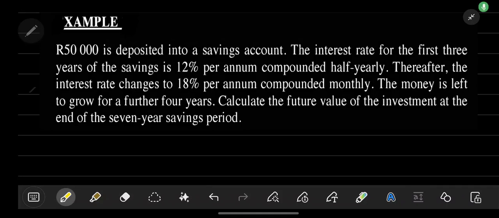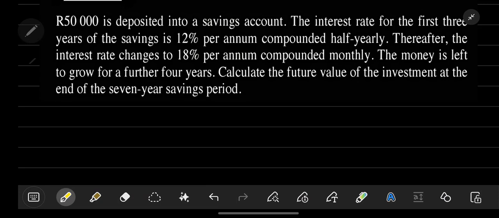Okay, learners, it has come to my attention that whenever you come across more than one interest rate, you get confused or frustrated, mainly because in the lower grades, specifically grade 10, you were only dealing with one interest rate.